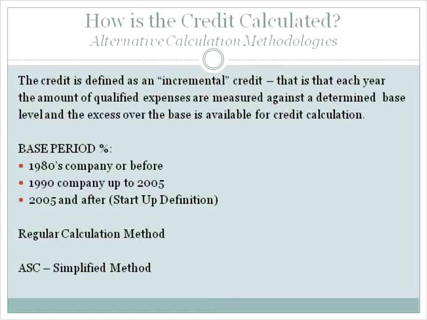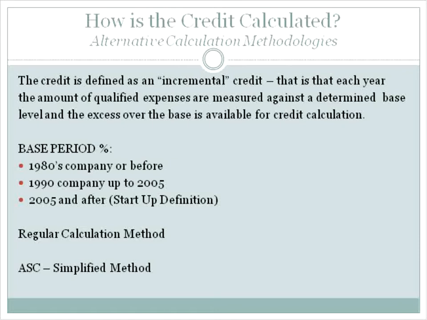Now, that can get a little complicated if you were a 1980s company, because do you have some of the records for income and wages during that period of time to effectively go through some kind of a calculation? Many companies do not. If you're a 1990 company or more, you probably do. If you were a 2005 and after company, you fit the startup definition, and there are different calculations that make it easier to work with.